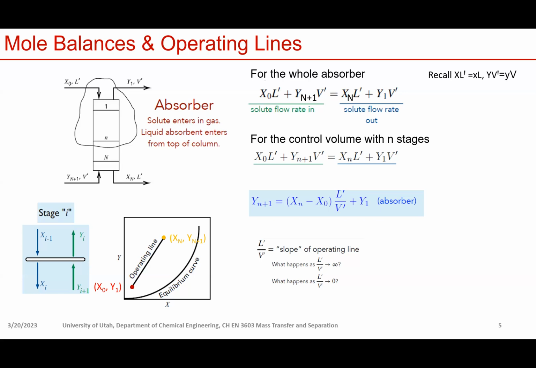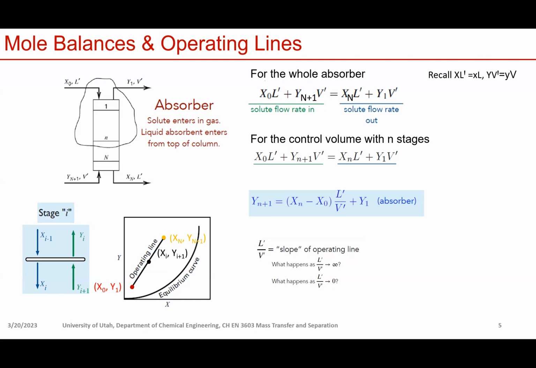Similarly, for this gas stream, when it enters this absorber, as it goes up, the solute in this gas stream will be transferred into the liquid stream, right? So y will decrease. So yN+1 will be larger than y1. That's why this point yN+1 is higher than y1.